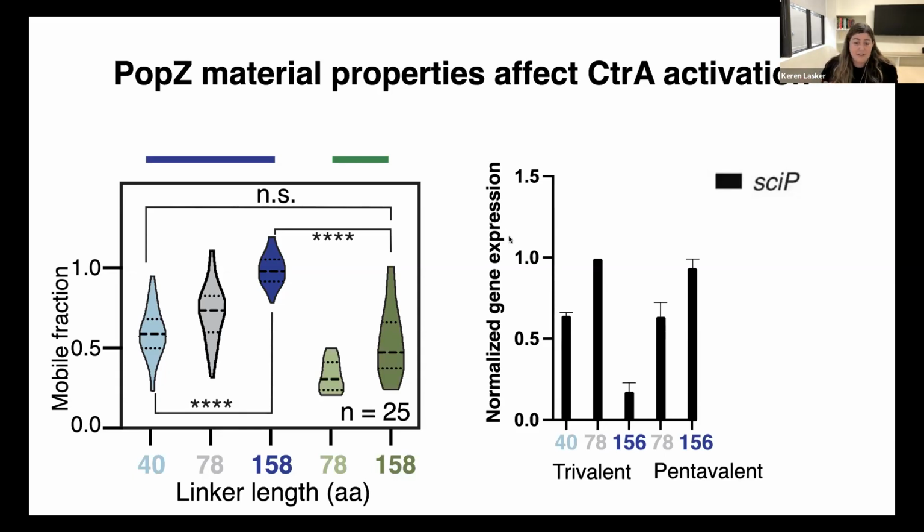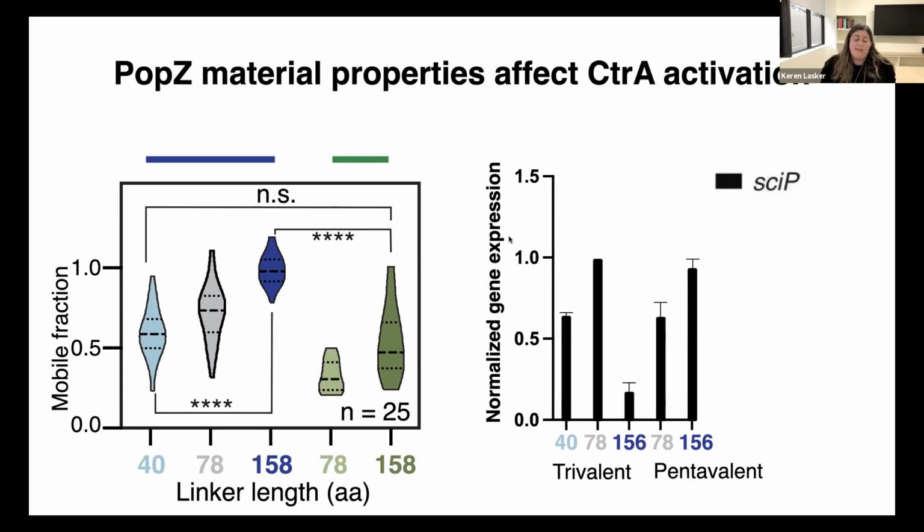And I think it's very compelling to see that we again see this Goldilocks kind of effect, where the material properties affect the amount of activation of this master transcription factor.